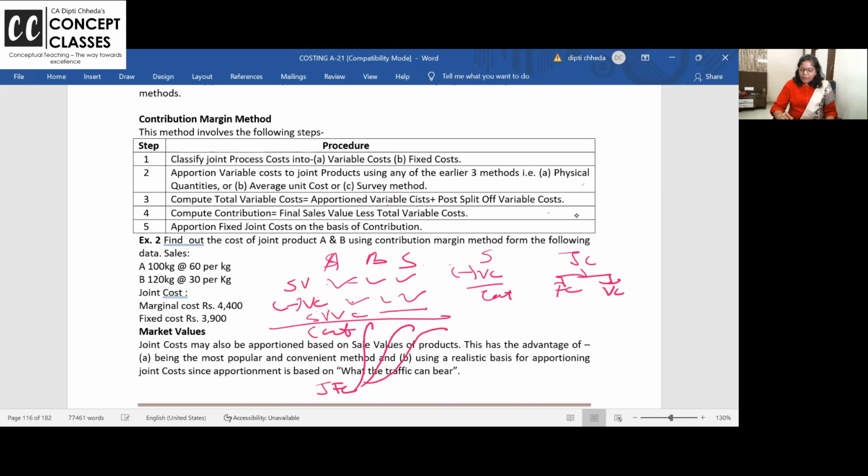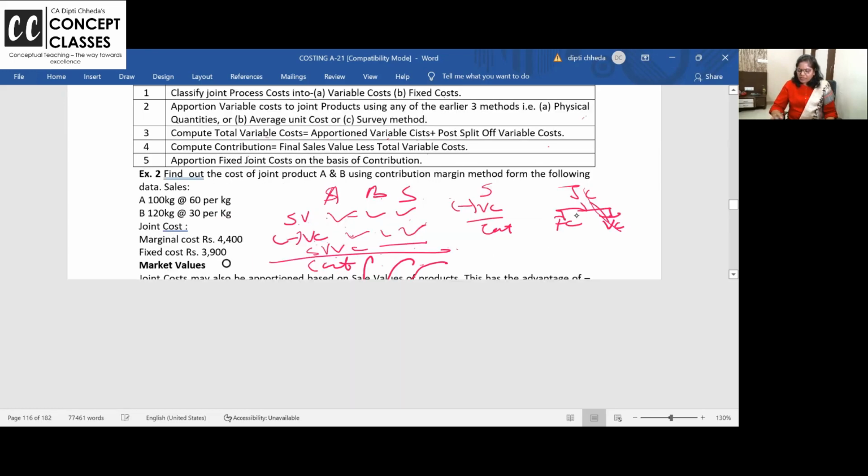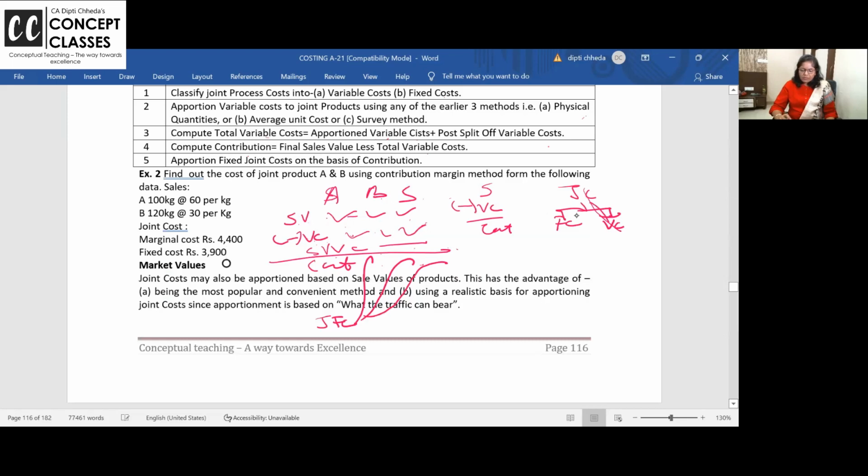Now variable cost, you take both. Post split-off, anyhow it is separate. And pre-split-off, I mean the joint variable cost. In the joint cost, the variable cost that is there, you apportion by any method, physical quantity and all. So you are getting the contribution. And then joint fixed cost, you apportion in this contribution ratio. Okay?